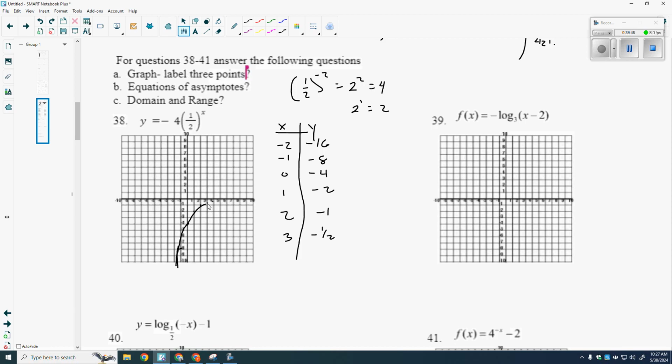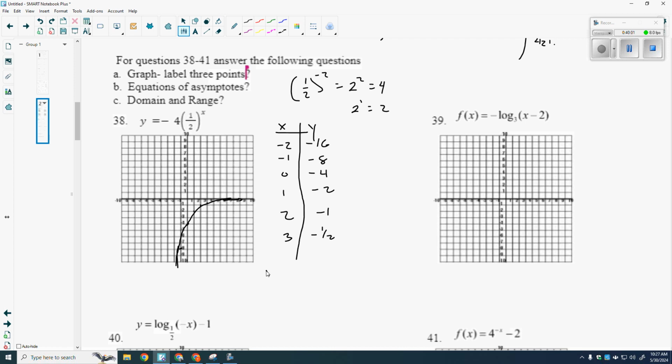Cruising up, flattening out. Don't cross the x-axis. Sorry, laughing at myself. All right.